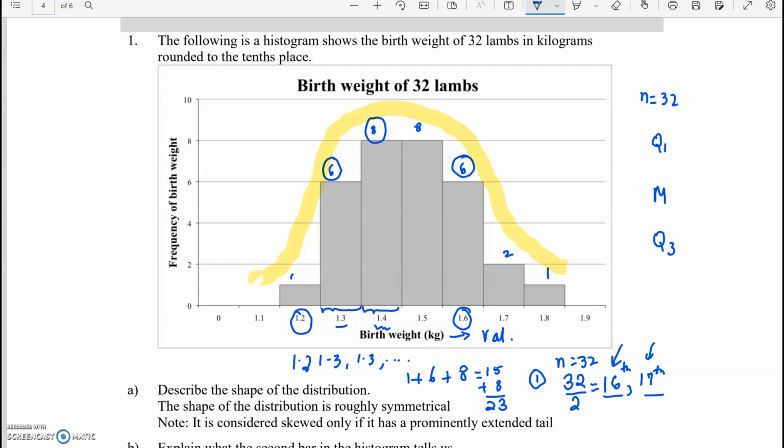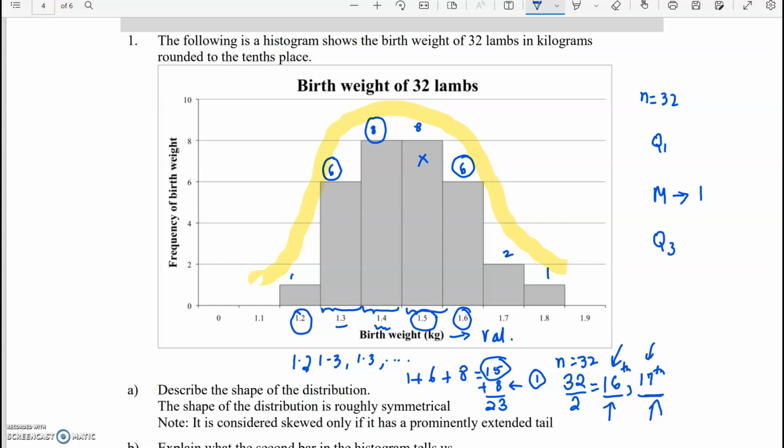So clearly the 16th and the 17th numbers lie in the 4th bar. The first 15 numbers are either 1.2, 1.3 or 1.4 kilograms. The next 8 numbers are 1.5 kilograms. So the 16th and the 17th numbers are sitting in the 4th bar, which means the weight is 1.5 kilograms.